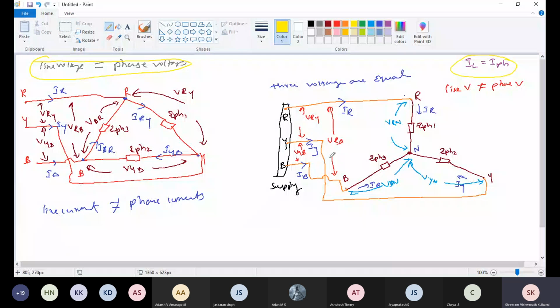Now tell me the equation for power. We derived an equation for power in basic electrical engineering, where we found out that the power is the same for both star and delta connected loads.